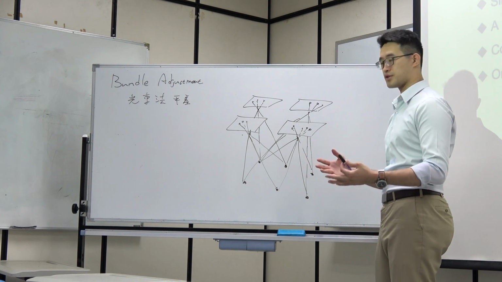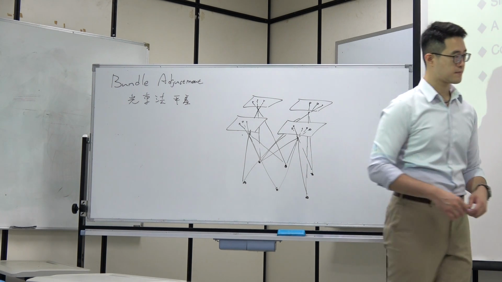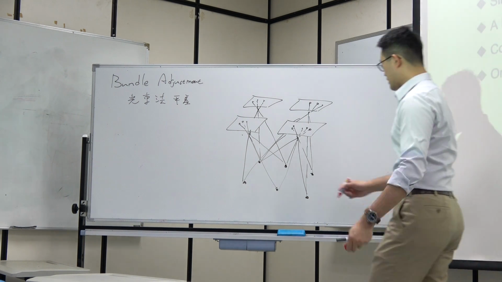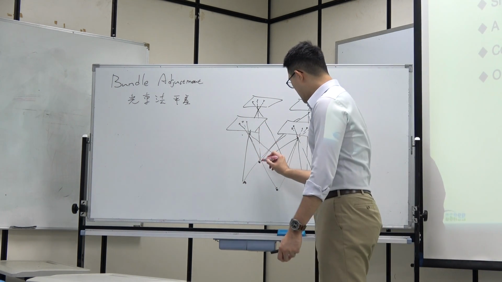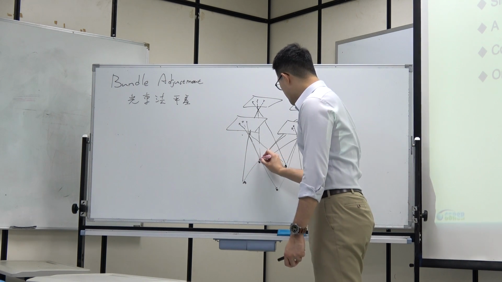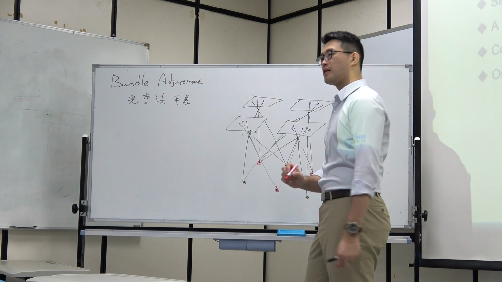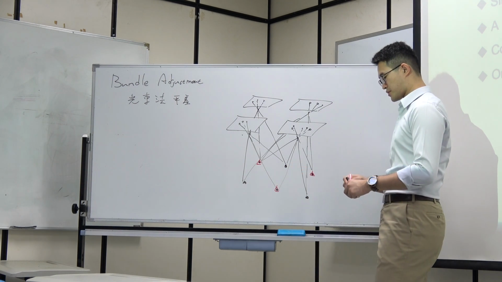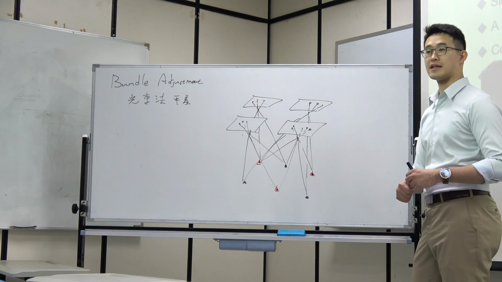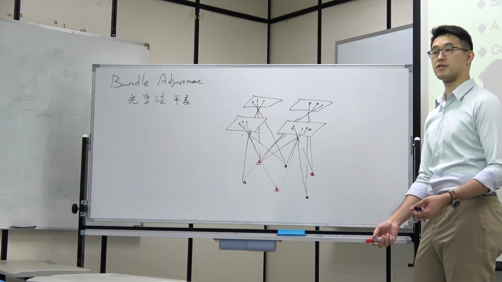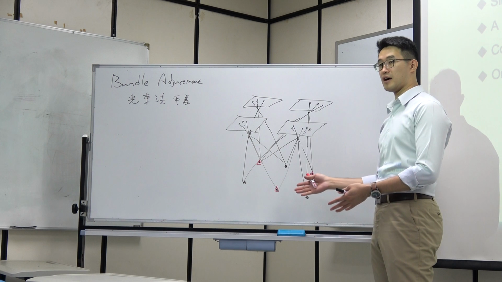So what we can do is use real control points. Maybe we can identify some features that are control points with absolute coordinates that we obtained somehow, maybe measured from a GPS or from some surveying technology.